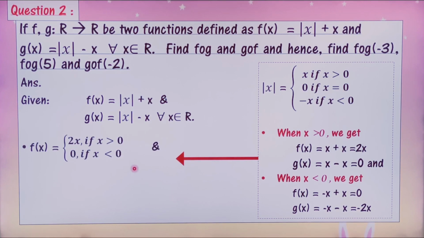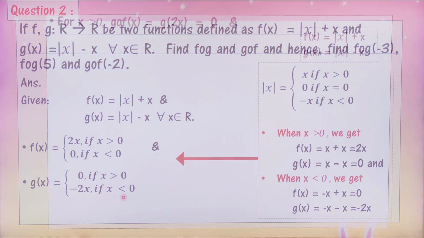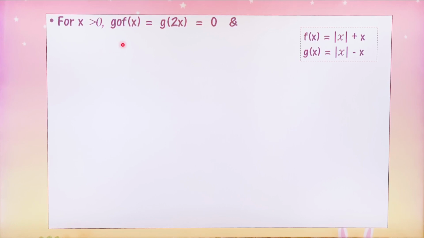That is f(x) is equal to 2x if x greater than 0, 0 if x less than 0 and g(x) is equal to 0 if x greater than 0, minus 2x if x less than 0. Now for x greater than 0, (g circle f)(x) is equal to g of 2x equals 0, replacing x in g(x) by 2x, that is 2x minus 2x equals 0. For x less than 0, (g circle f)(x) is equal to g(0), that is equal 0.